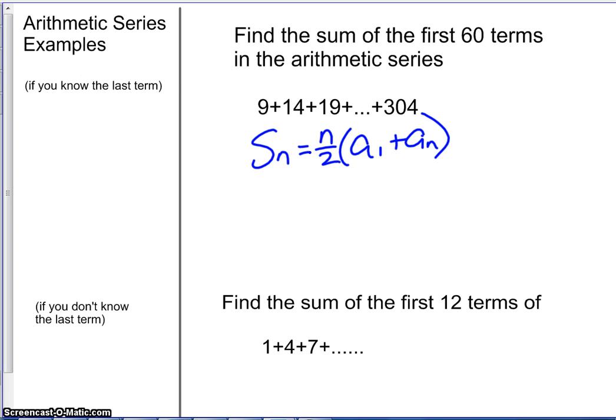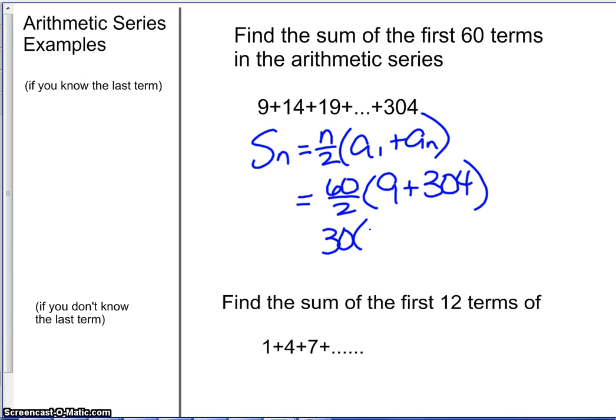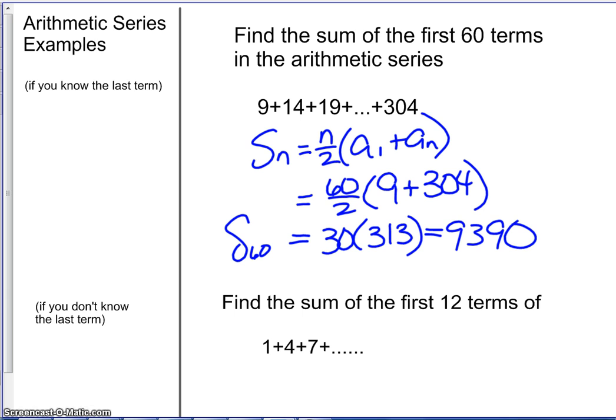So here it's going to be 60 divided by 2 times 9 plus 304. 60 divided by 2 is 30, and we have 313. 30 times 313 is 9,390, and that's my answer. That is my S sub 60, the sum of the first 60 terms.